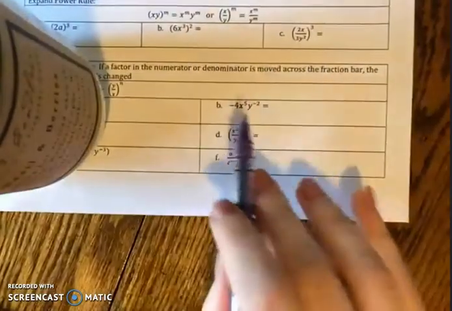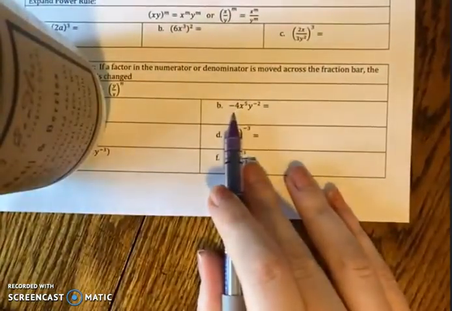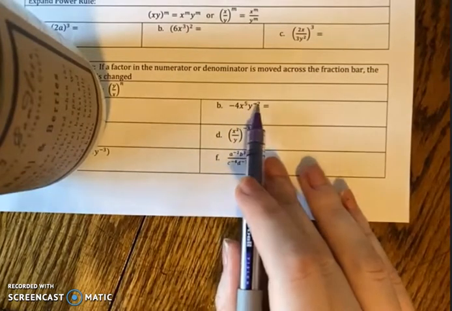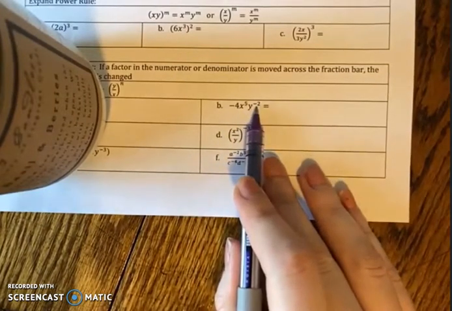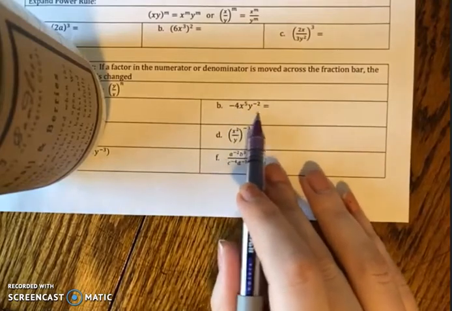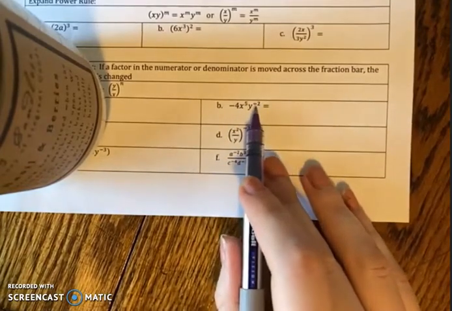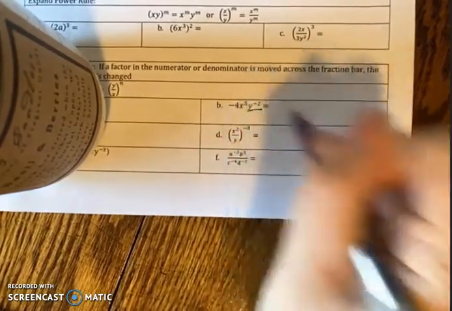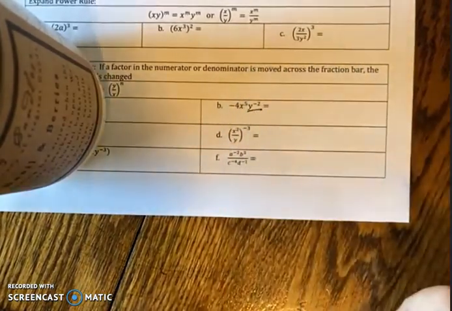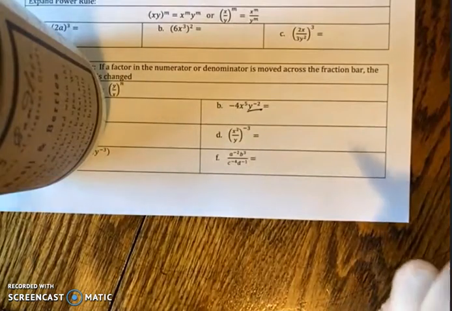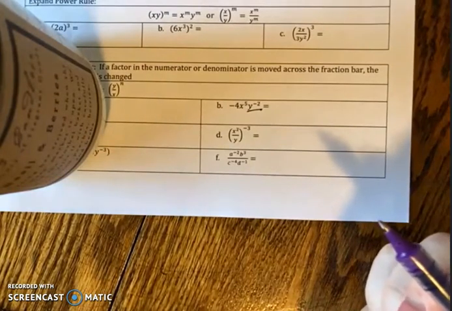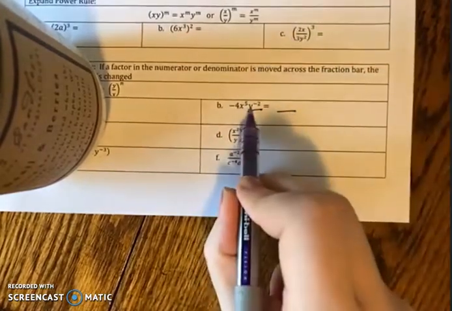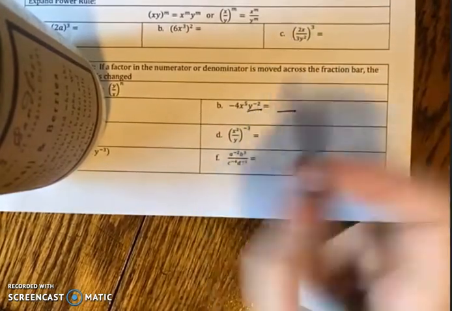What we have here is negative 4, x to the 5th power, y to the negative 2nd power. All of these things are being multiplied together. That negative power only belongs to the base of y. So when I'm asking myself what I have to move, the only thing that's going to move from the numerator to the denominator is the y squared.